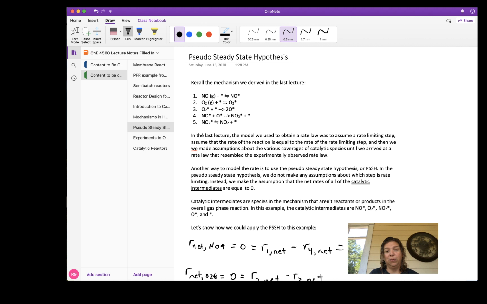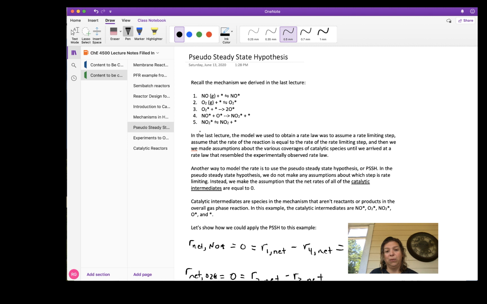So we end up solving for that rather than having to make the assumption. For some of these reactions, the forward rate will be appreciable and the reverse rate will not. What that means is that those reactions are irreversible. Those are most likely the steps that are limiting the rate.